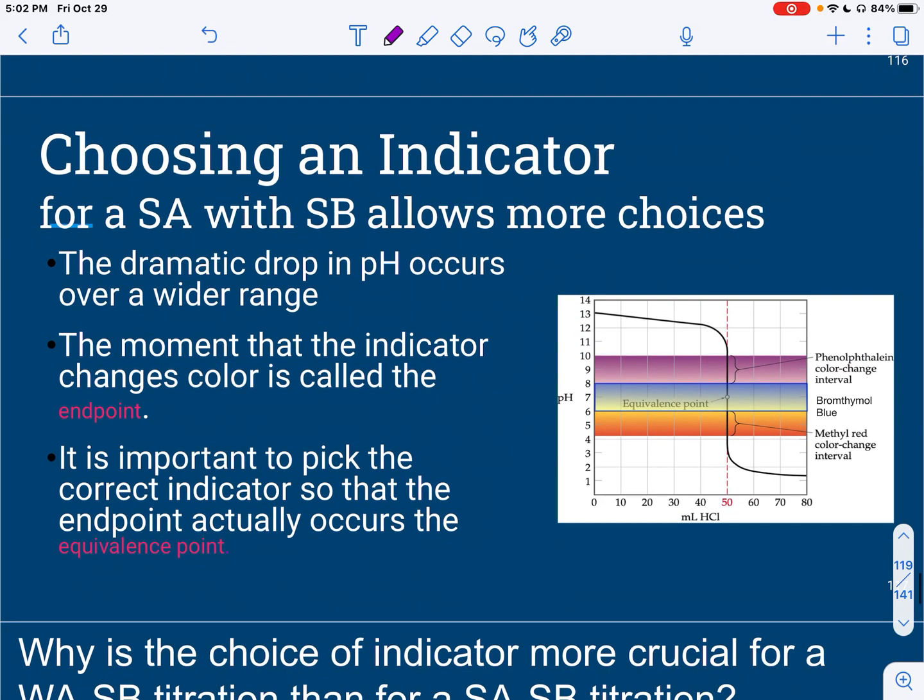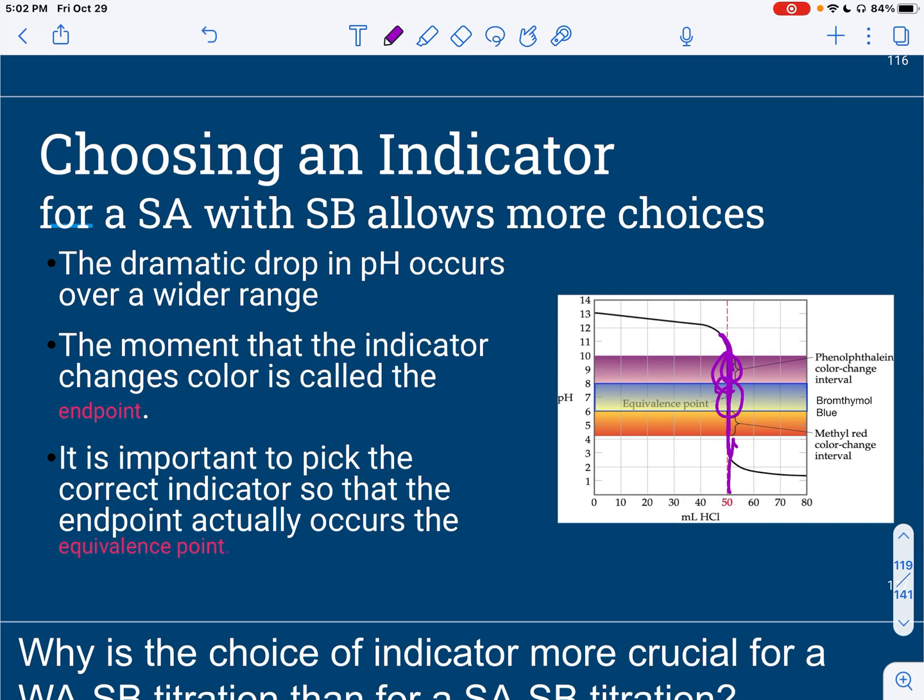We'll do a couple more. So we just want to talk about choosing an indicator. For strong acid and strong base, there's a huge variety of what you could pick, okay? Because you can really pick anywhere on this curve and you're still going to hit the correct amount of milliliters. So if we picked phenolphthalein, we would hit 50 milliliters.